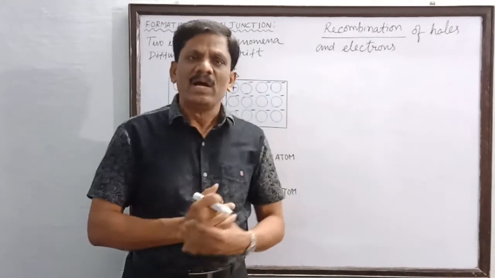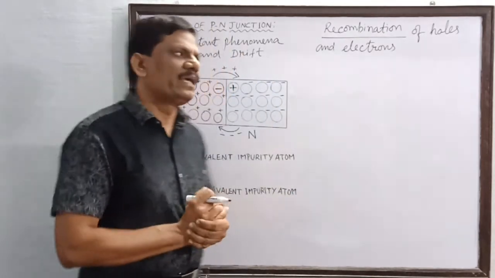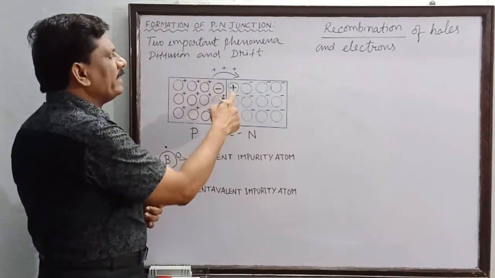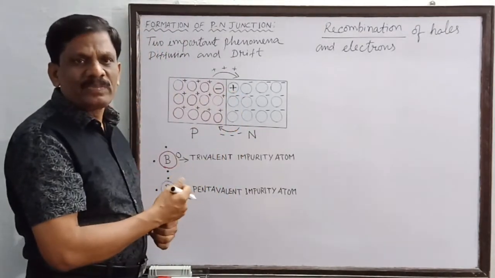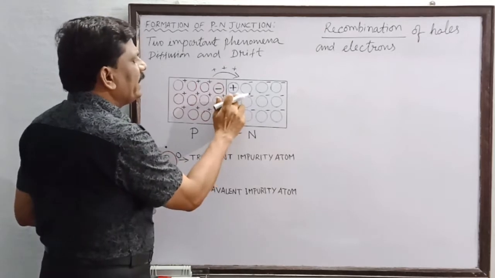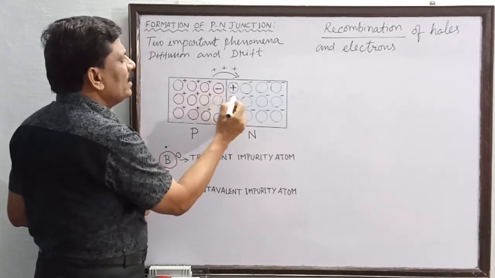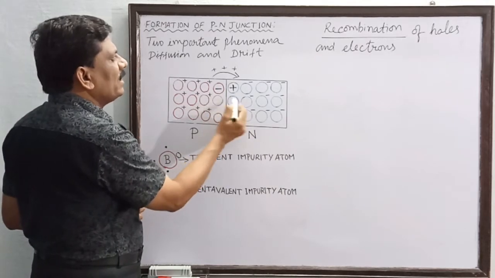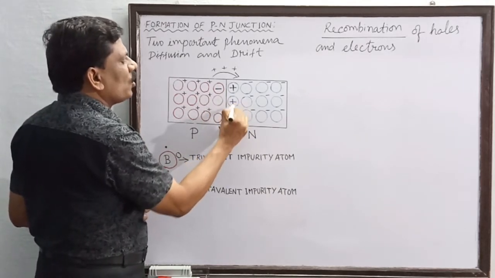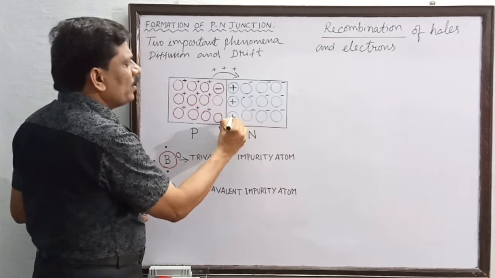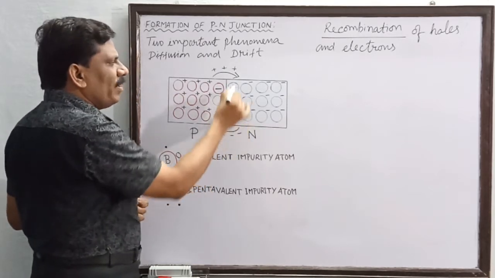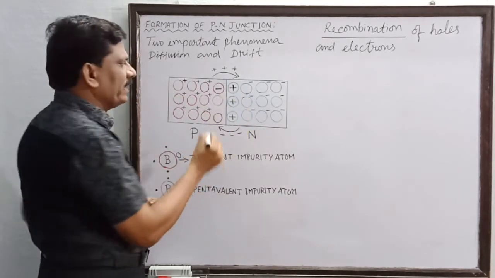Yes, it must be a positive ion. After donating 1 electron, it has become a positive ion. And like that, one row of particles will recombine, so the negative charges will be donated and this row of impurity atoms will gain positive charge and become positive ions.